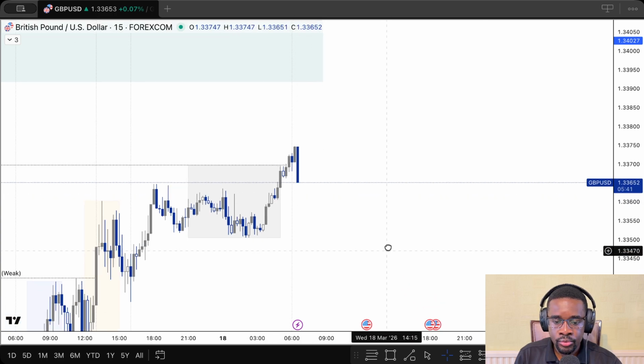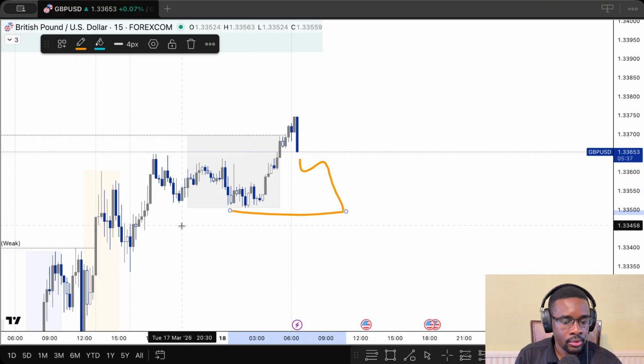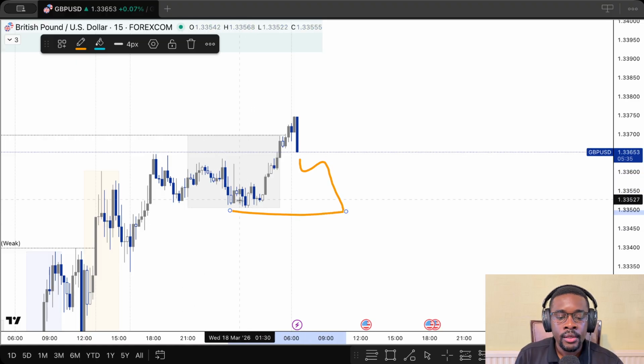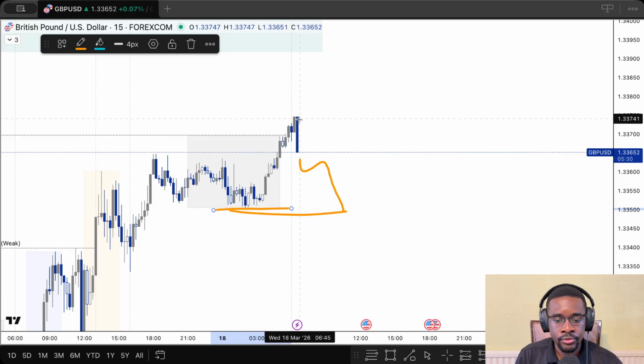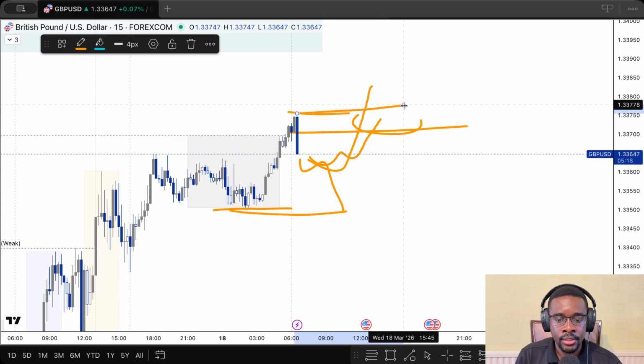So could it be that this is the move for price to continue bearish, possibly take out these lows? It is possible that Asia lows could be taken out straight from this move. However, this could also be a bait, okay, to entice traders to come in right now, load up for sales, and then only for price to come up and take them out, and then maybe eventually come into this supply at the top.